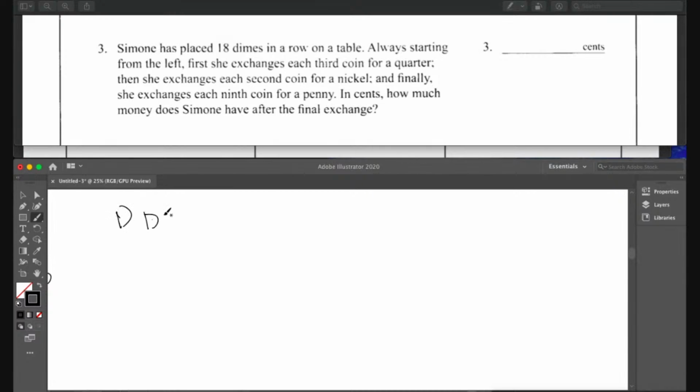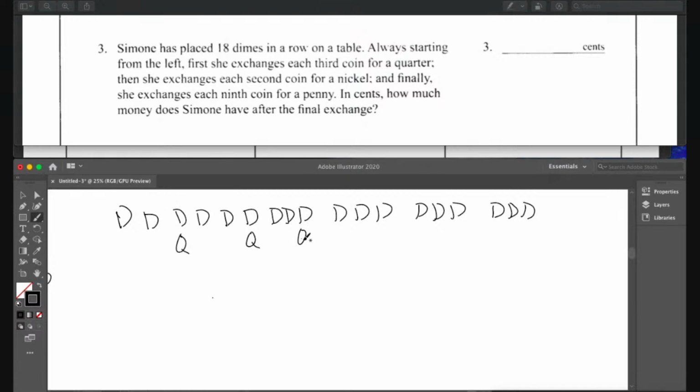So we have a bunch of dimes. That's 6. This is 9. This is 3, this is 3, and this is 3. Okay. And then we're going to exchange each third coin for a quarter. I'm only going to write these new coins, so I don't have to write all the dimes again.